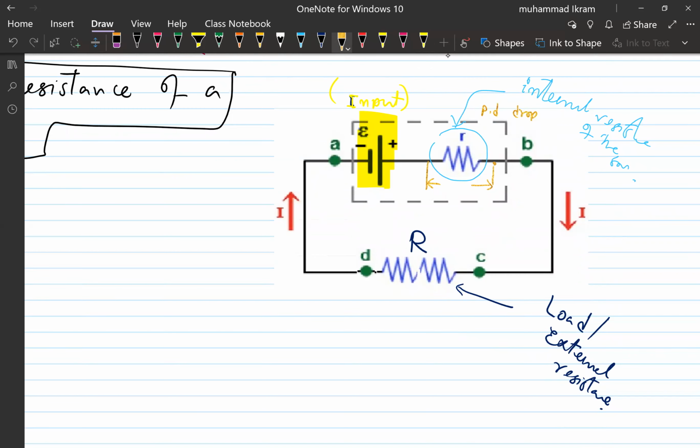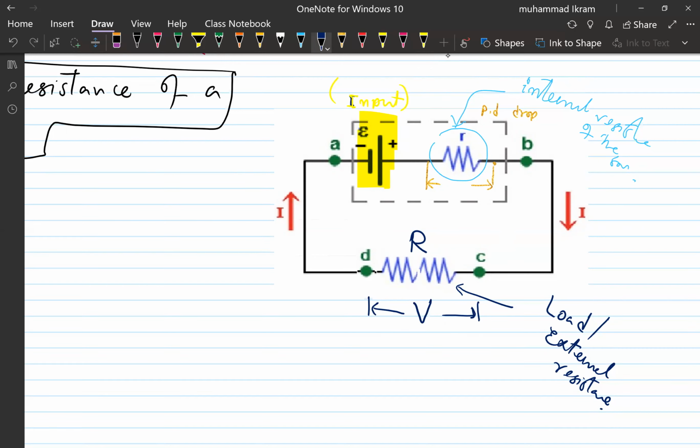And we have the potential difference across here, right? That IR drop. We call the potential difference across the terminal of the load the terminal potential difference.